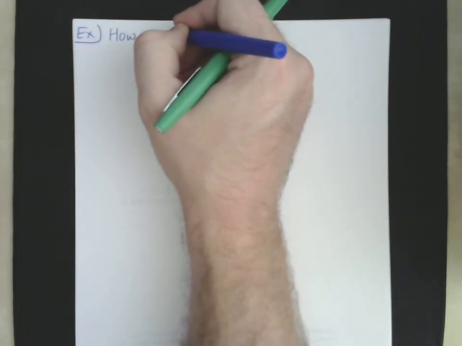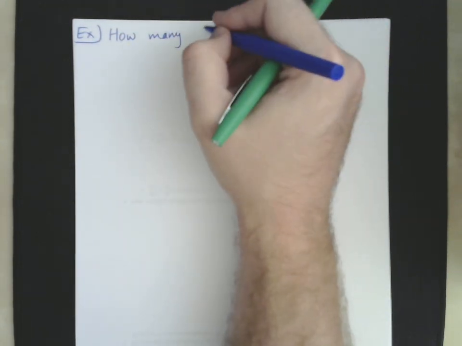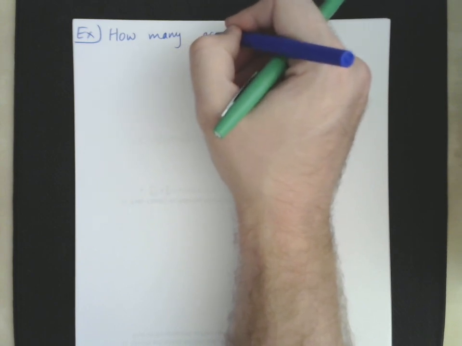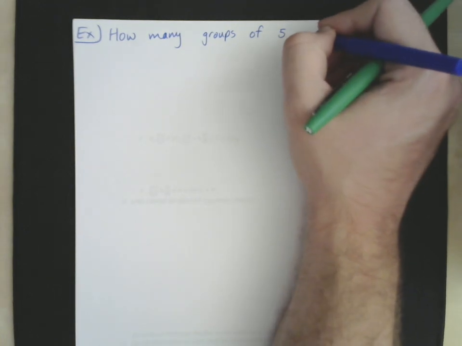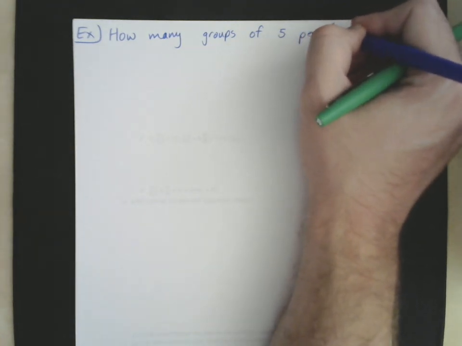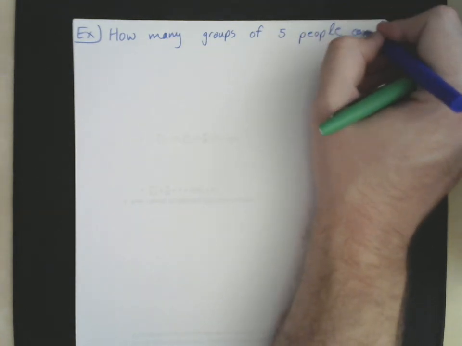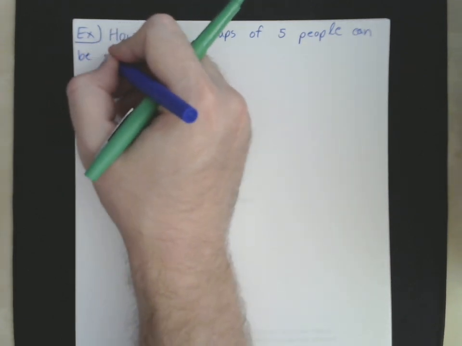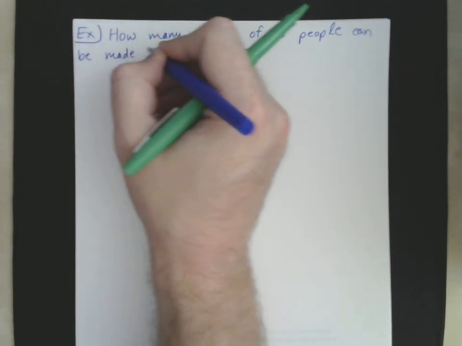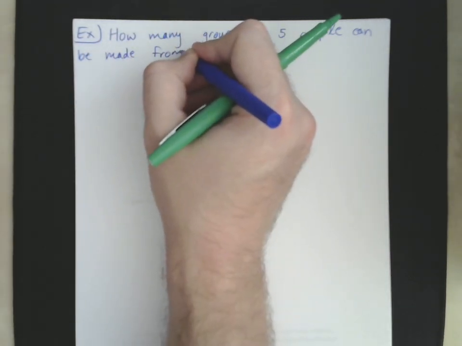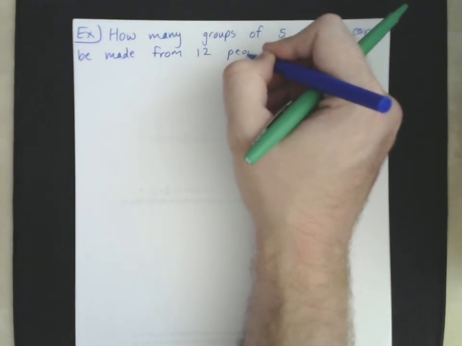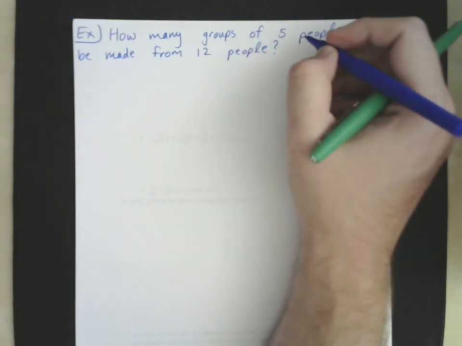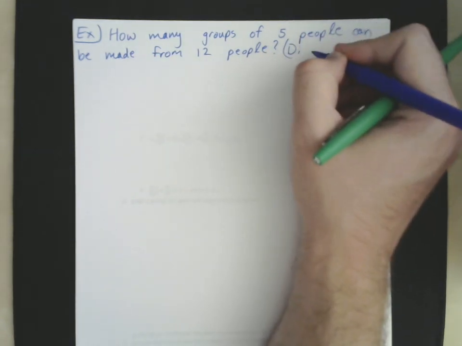How many groups of 5 people can be made from 12 people? And we want distinct groups.